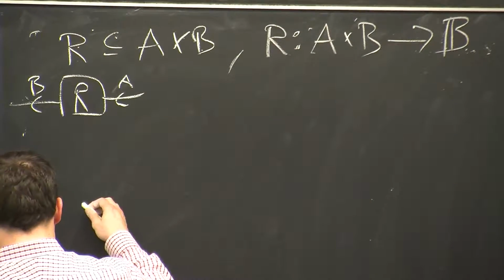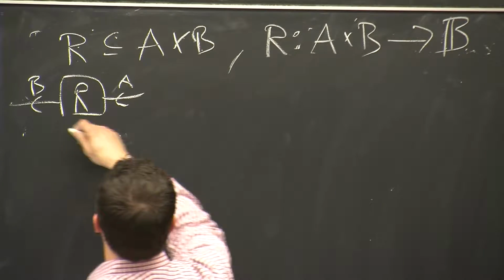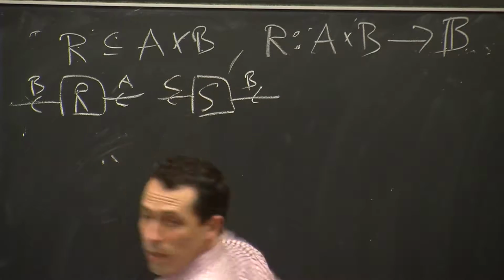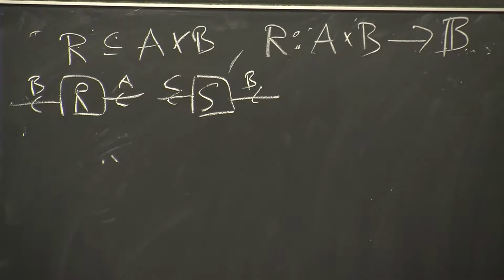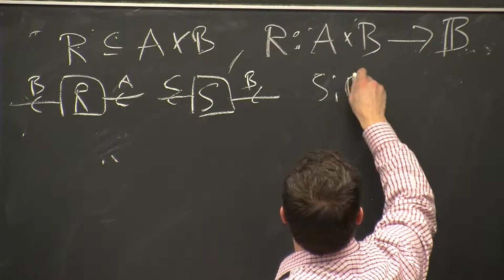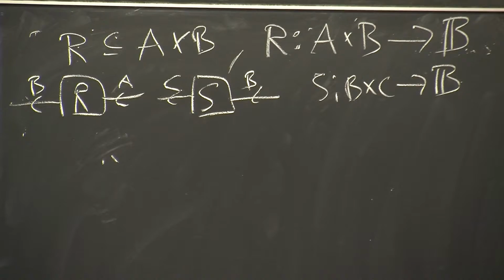Then I have a composition rule. So if R goes from A to B and S goes from B to C, in other words, R is a function from A cross B and S goes from B cross C to this true or false Boolean semi-ring.